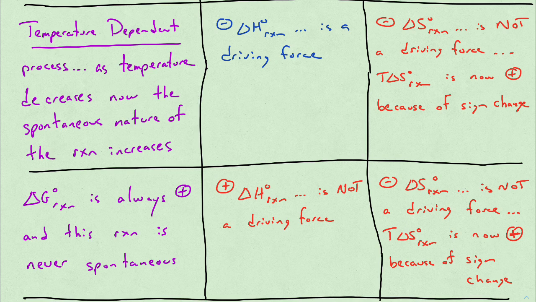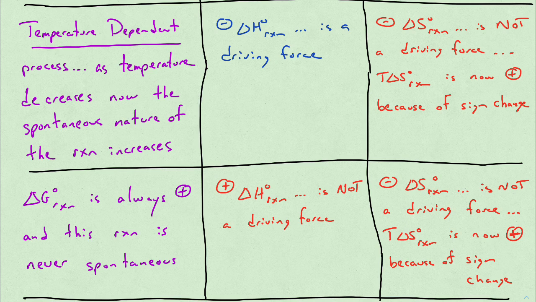That means the reaction is never spontaneous. Doesn't happen. And then we can have where one of those two, the delta H or delta S, is a driving force. And when we only have one as a driving force, that's when we lead to this idea of temperature dependence. So if both are driving forces, always spontaneous. If neither are driving forces, it's never spontaneous.